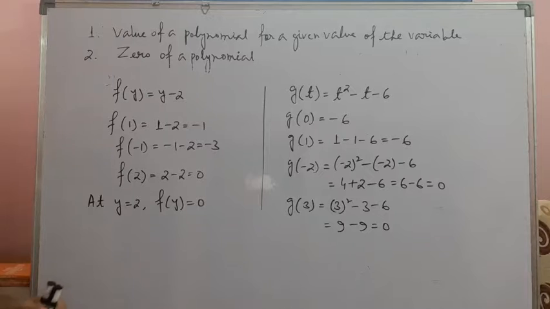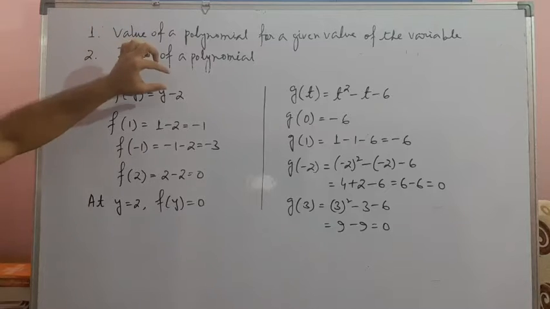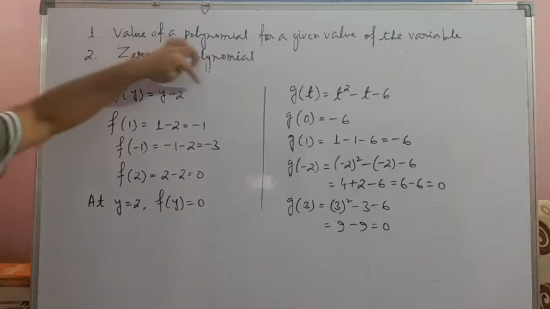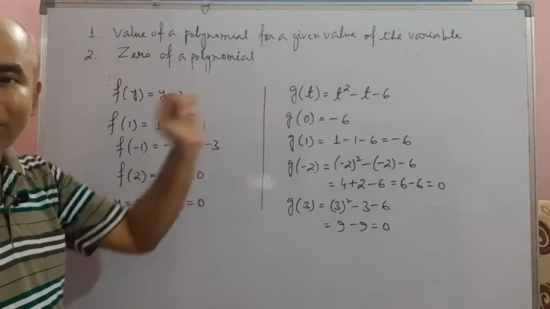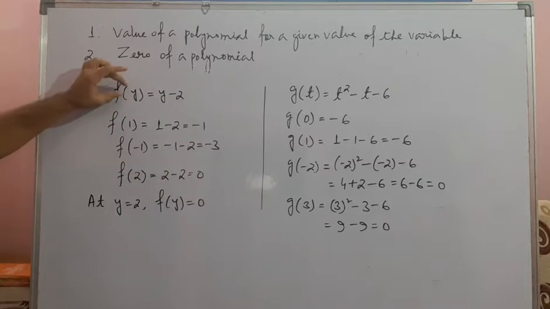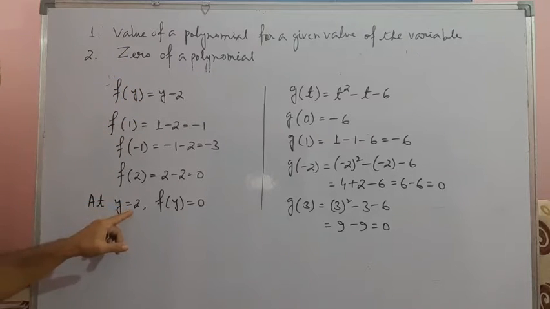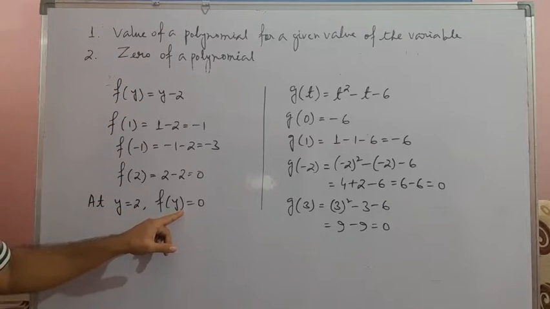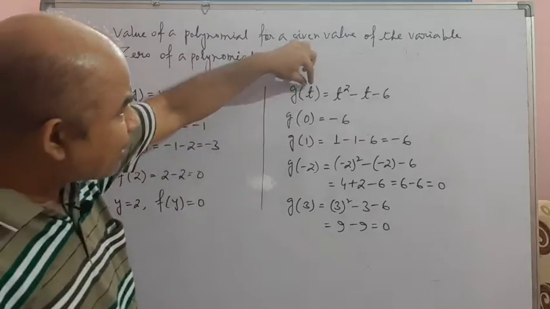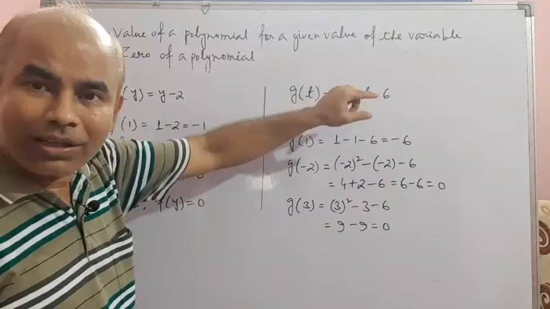That means what I have seen here, we already discussed how to find the value of a polynomial for a given value of the variable. So I have taken two polynomials, one linear and one quadratic. In the linear polynomial, I take the variable as y. When I put the value of y, I see that as soon as I put y is equal to 2, the polynomial becomes 0. Similarly, here the variable is t, the highest power is 2, so it is a quadratic polynomial.